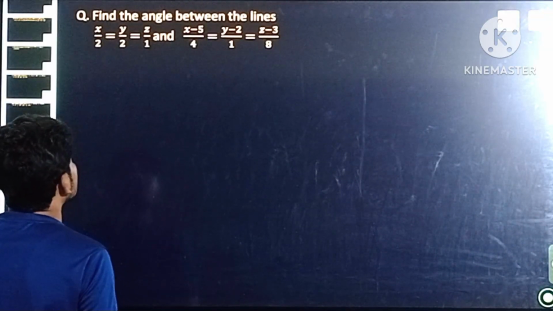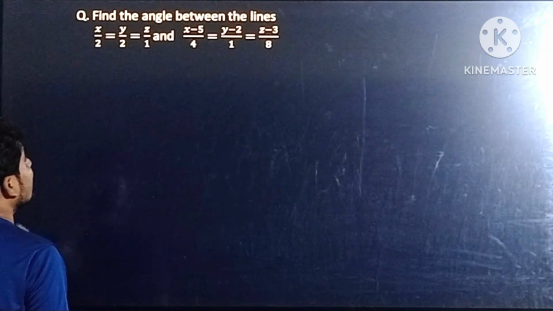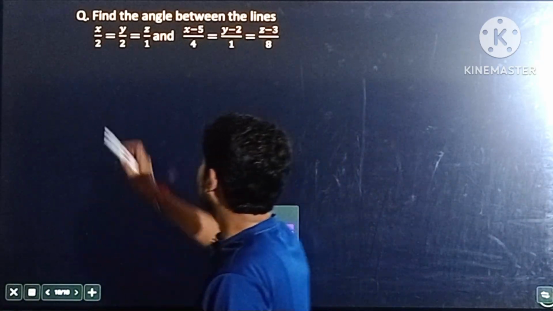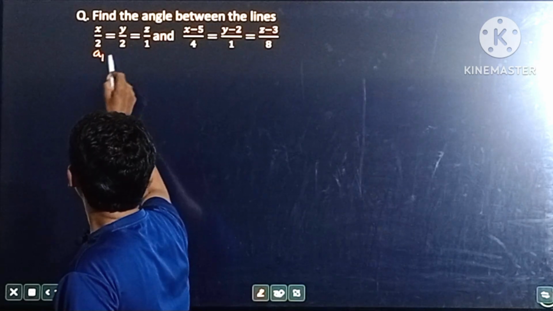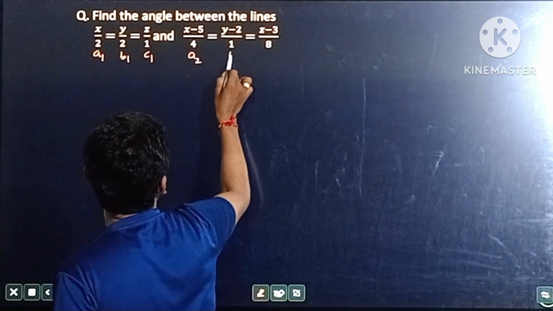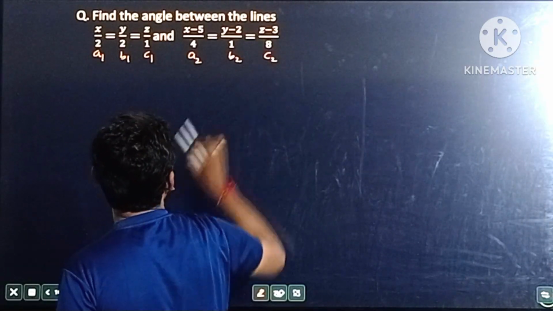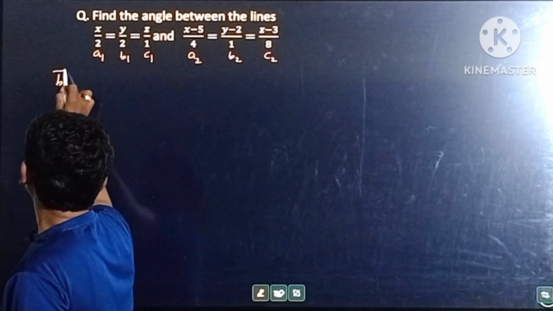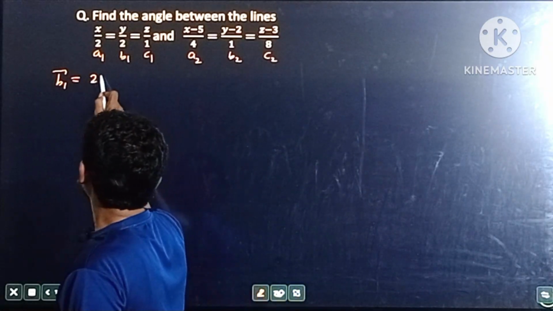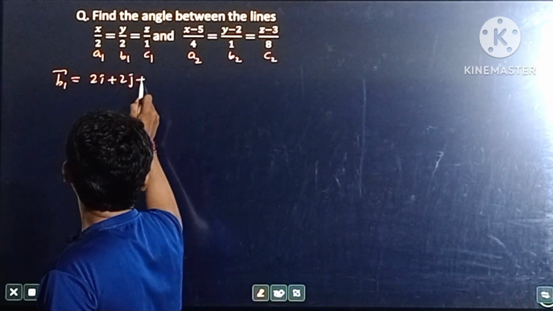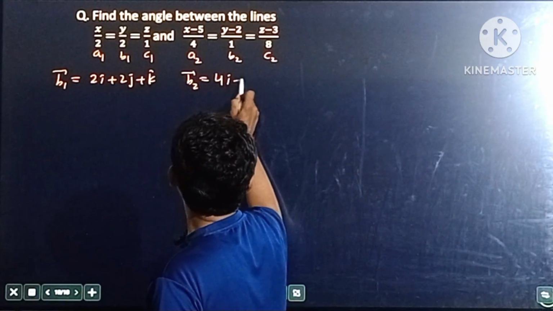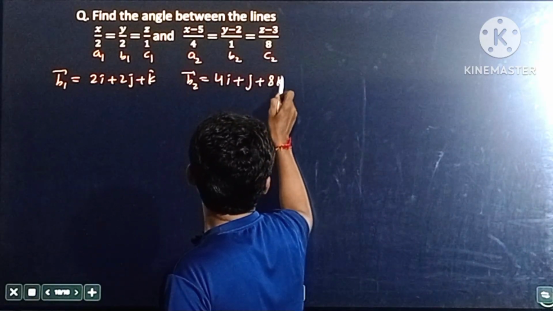The next question is the same thing: we need to identify the angle between the lines where the Cartesian equations of the lines are given. Here the value of A1 is 2, B1 is 2, C1 is 1 and A2 is 4, B2 is 1 and C2 is 8. Therefore, by comparing with the standard form of lines, B1 vector is 2i plus 2j plus k and B2 vector is 4i plus j plus 8k.